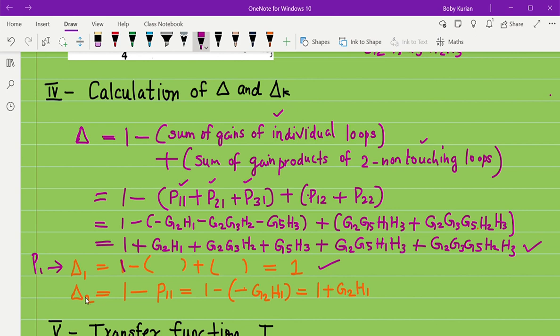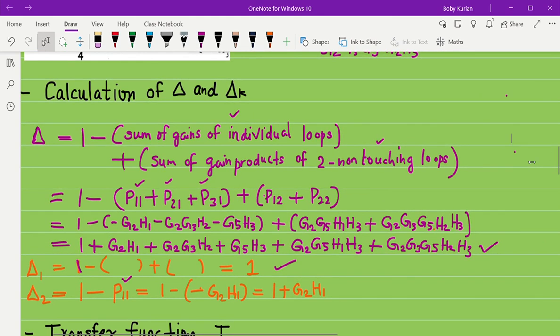And if you consider delta 2, that means in the case of the second forward path, is there any loop not touching the second forward path? We can see the first loop P11 is not touching the second forward path.